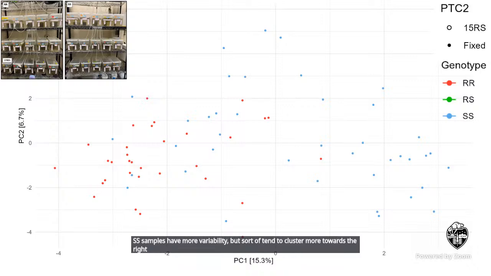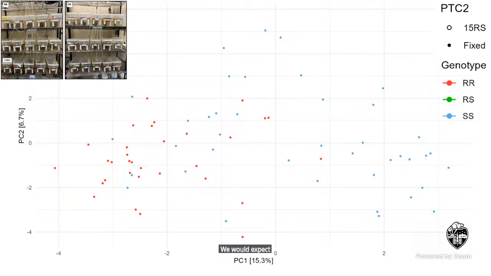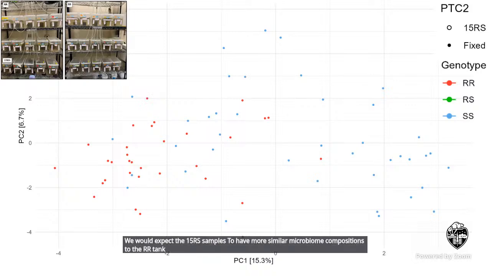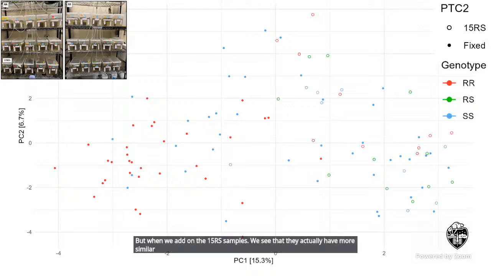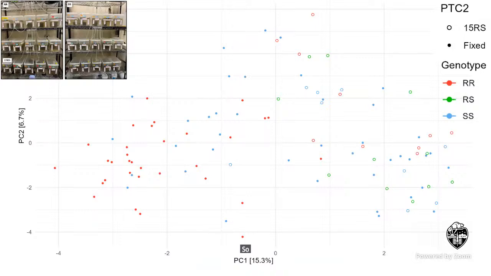If the rack effects hypothesis were true, we would expect the 15RS samples to have more similar microbiome compositions to the RR tanks because they are on the RR rack and less similar to the SS tanks. But when we add on the 15RS samples, we see that they actually have more similar microbiome compositions to the SS snails. So this argues against rack effects as an explanation for the effect we're seeing.